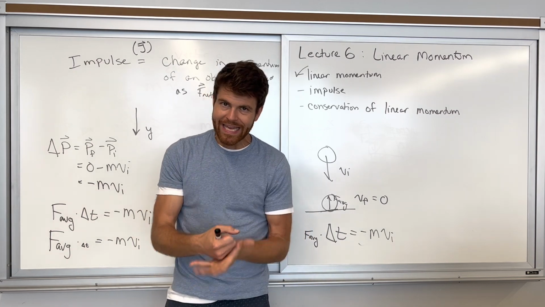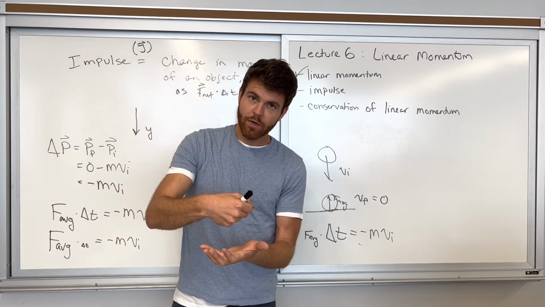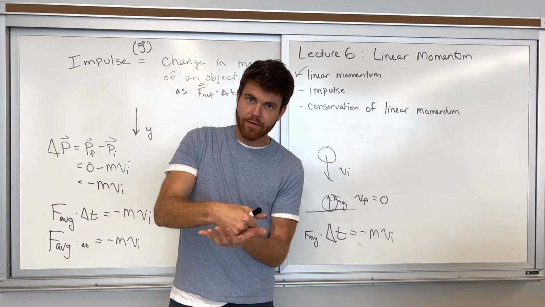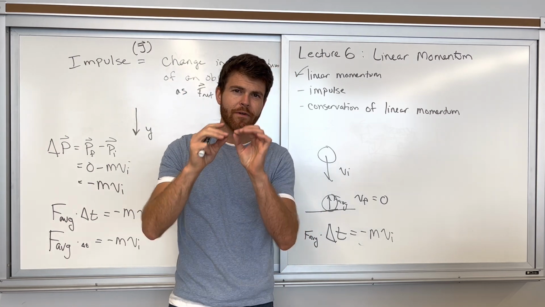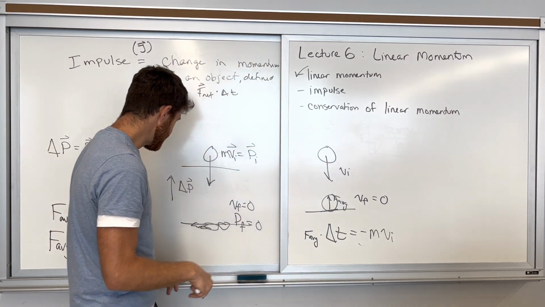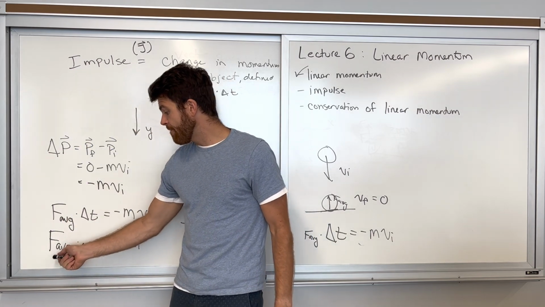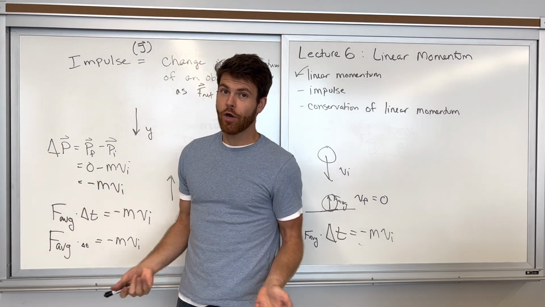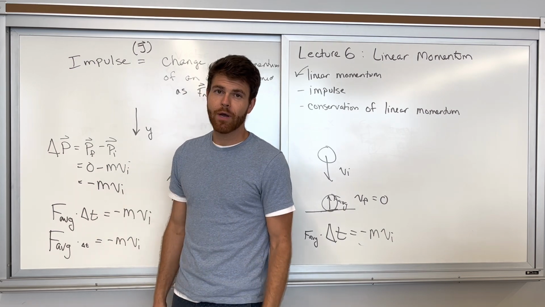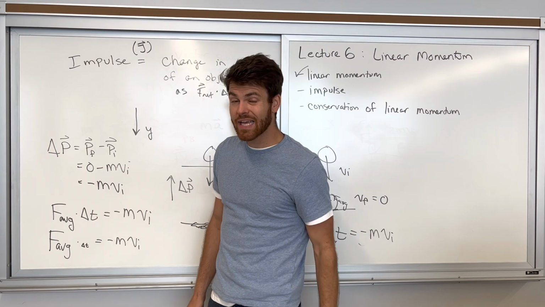Whereas if they were to hit the floor, they have a non-zero momentum, then zero momentum. That change in momentum occurs over a very, very small time interval. And because that change in momentum occurs over a very small time interval, the force required is large enough to cause significant trauma to the body, right? Break bones and usually potentially cause death.